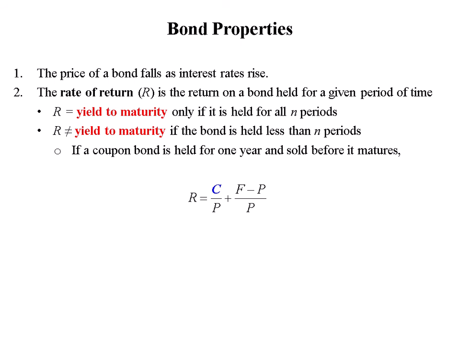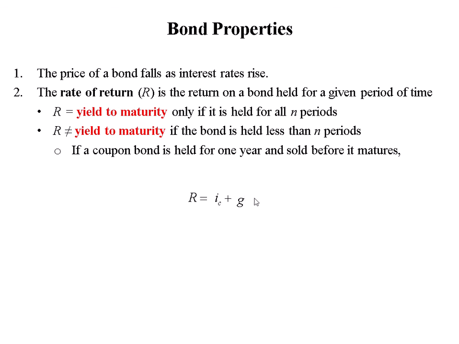If a coupon bond is held for 1 year and sold before it matures, then we replace the face value with that future price, right? This future price and the face value might not be equal to each other. So t plus 1 is some future period, and we bought it today. If we sell it before it matures at some future period, then this is not necessarily the face value.